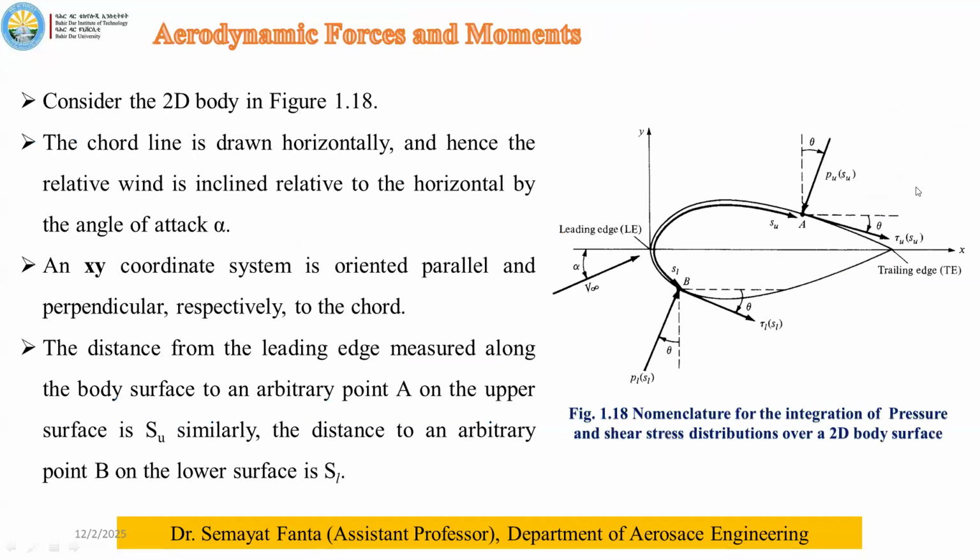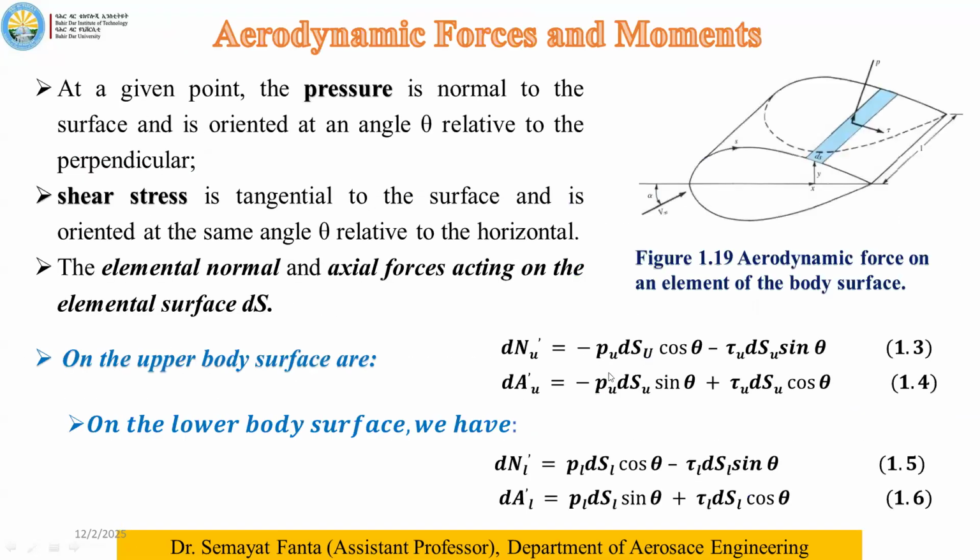Look here, P_U is downward. You can decompose this into perpendicular and tangential directions. This force has theta angle here. So with theta, you have minus P_U ds_U cos theta minus tau_U ds_U sine theta.